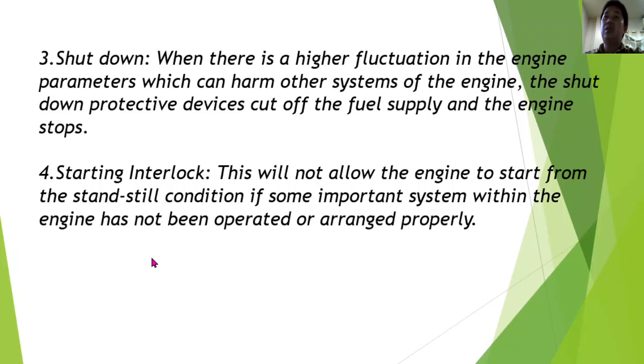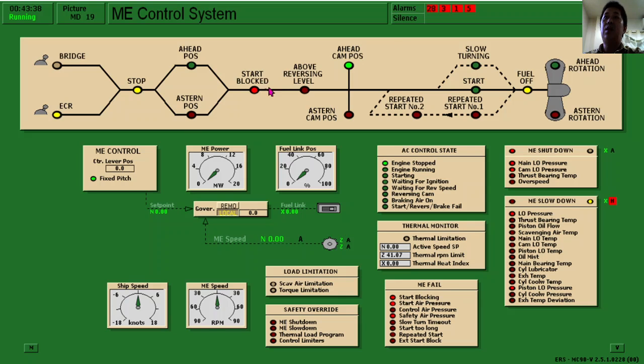But the general term used is starting interlock because this is also combined with the electrical, electronic system. So we have the electrical system starting interlock, but here, in the mechanical system, we have the start block. It is the same as the starting interlock, in general terms.